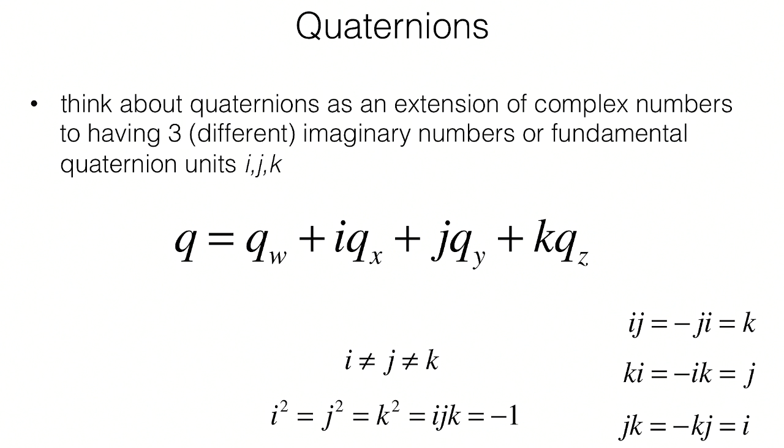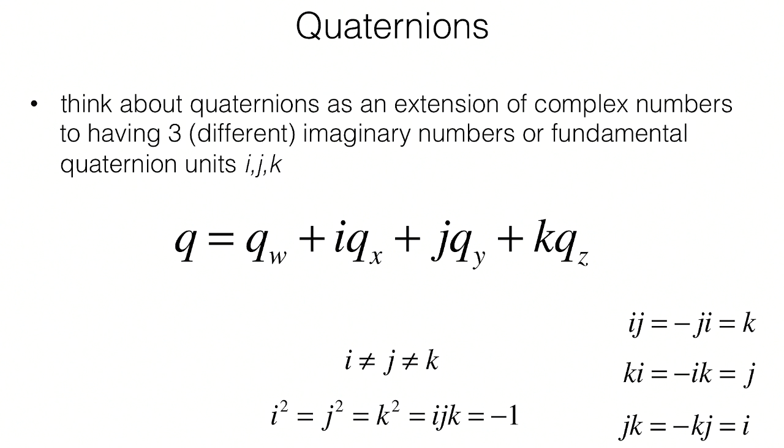And a quaternion looks funky. It has 4 values, QW, QX, QY, QZ, and it's kind of like a complex number that has a real part and an imaginary part. But in this case, we're going to have one real part, which is QW, and 3 different imaginary parts. So that's why we have this set of 4 values. And the imaginary units here, or the fundamental quaternion units, i, j, k, they're all different.